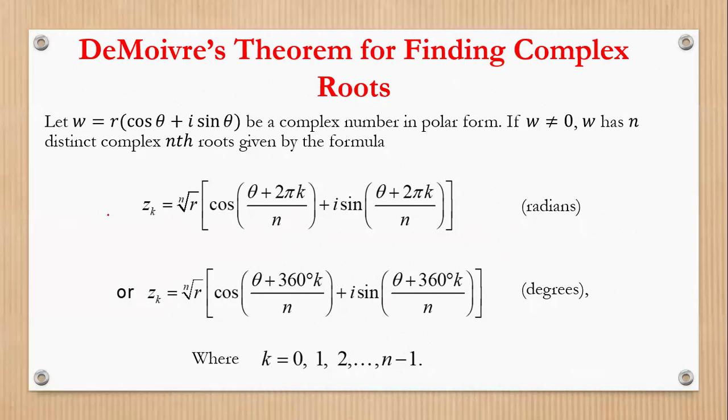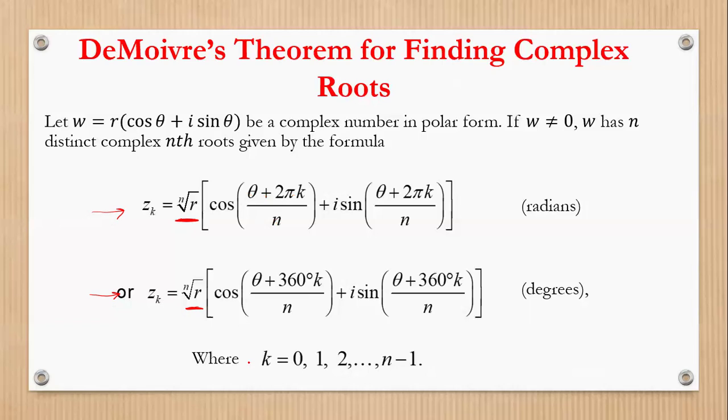So we are going to follow one of these formulas based on whether the angles are in degrees or in radians. First of all, we need to find the nth root of r. But for the angle, we add theta by 2 pi k and then divide by n, where k can be any number from 0 to n minus 1.